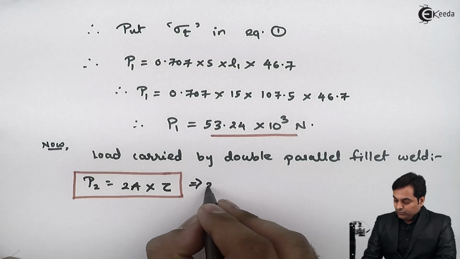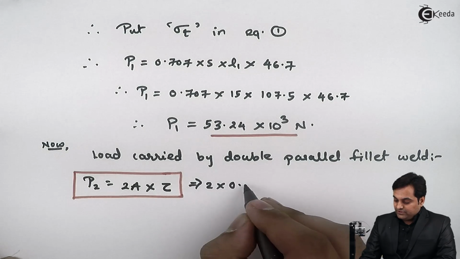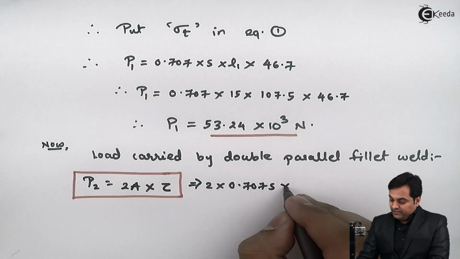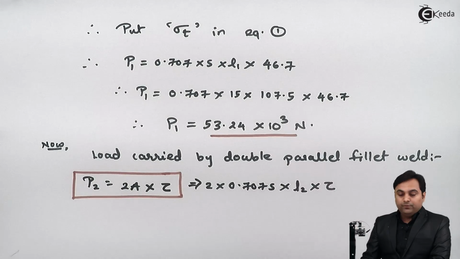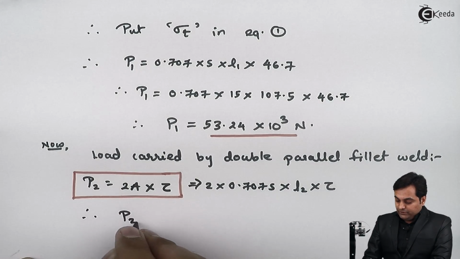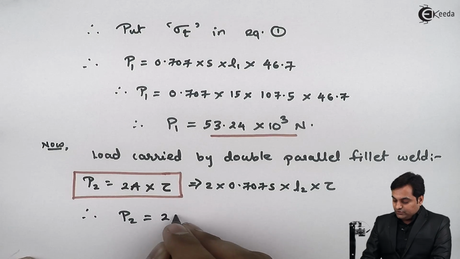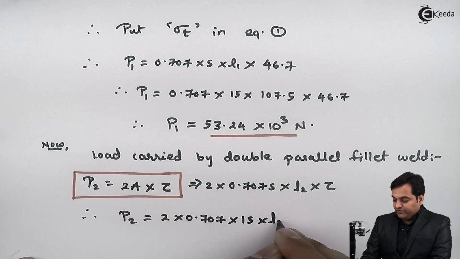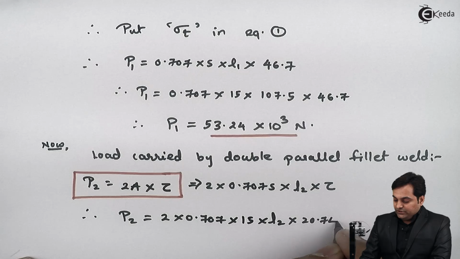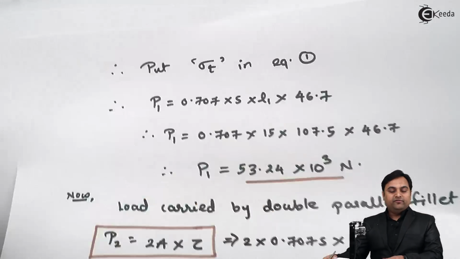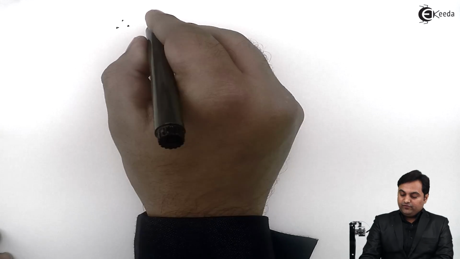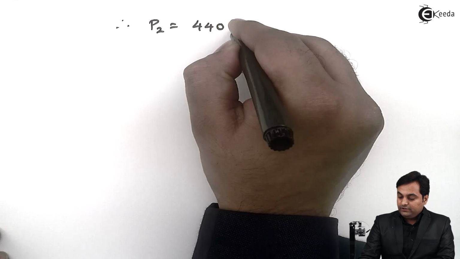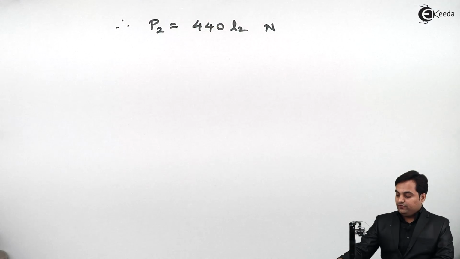Here 2 into area will be the same 0.707 into S, because the throat thickness is the same, but the length will change, it will be L2 into tau. If I calculate, it is 2 into 0.707 into S is 15, L2 is what we have to calculate, tau is 20.74, so I get P2 in the form of L2, and P2 comes out to be 440 L2, in Newton.